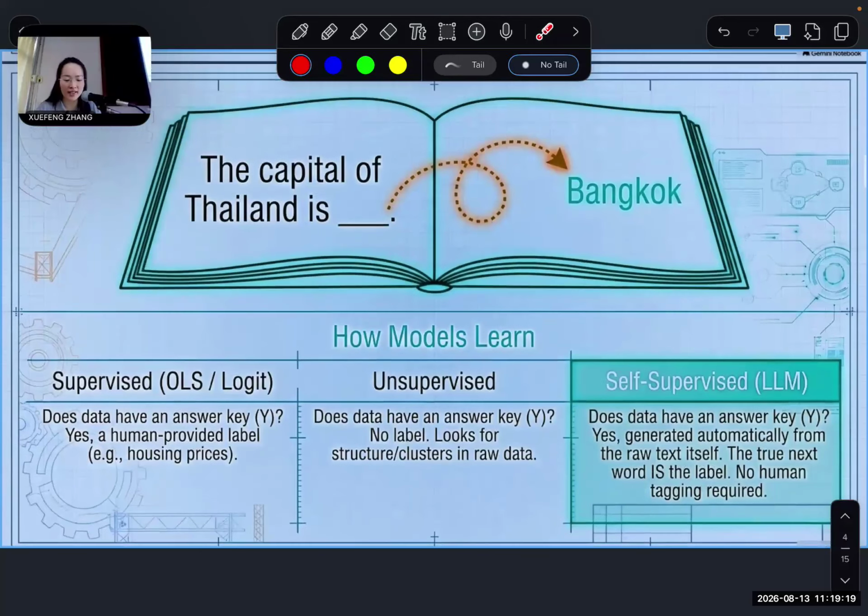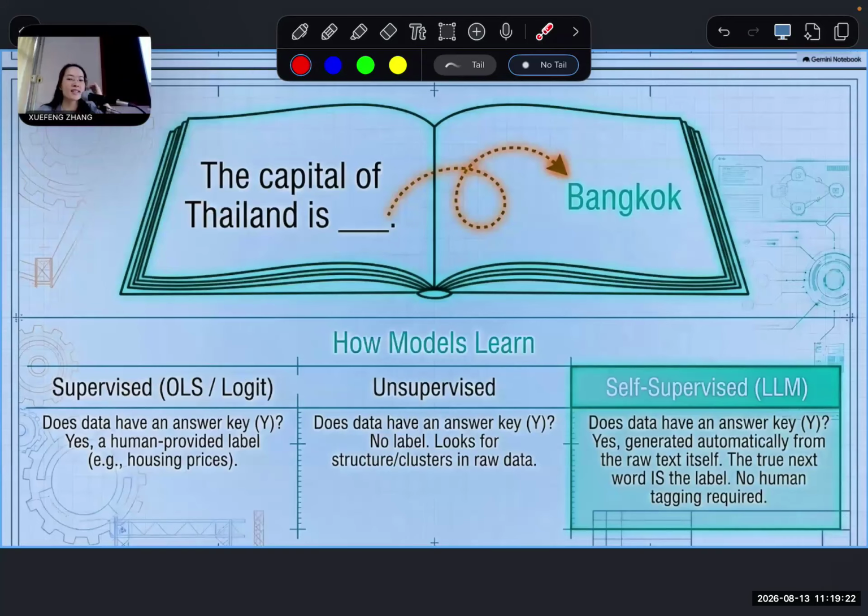Let me give you an example. When you see this sentence, the capital of Thailand is, what is your answer? Why do you know? Because you learned it, and the knowledge is stored in your brain. But if you ask a computer, it doesn't know because a computer only knows binary, 0, 1, 0, 1, right?